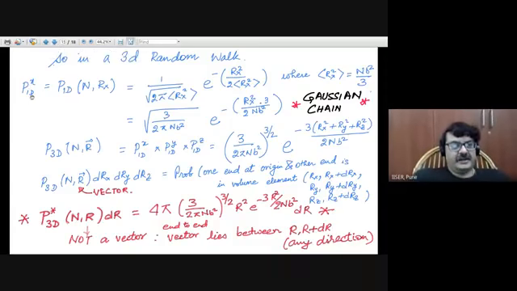So the P1D random walk in x is going to be replaced by the 1D n steps net displacement of Rx, right? And that is going to look like 1 upon root 2 pi Rx square.